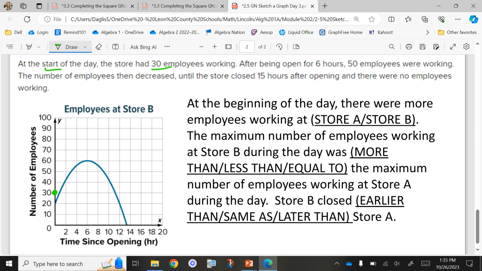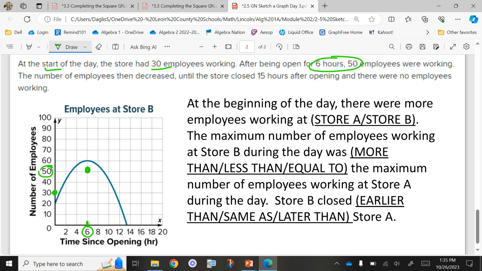After being open for 6 hours, so 6 hours since opening, right? We're looking right here. Now we have 50 employees working. So 6 and 50, I'm going to put a point on that spot. So 6 and 50 was our next point.